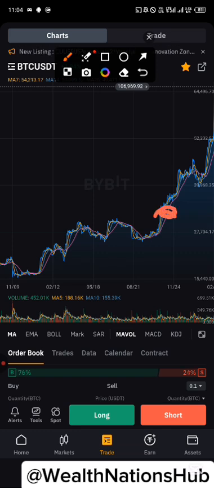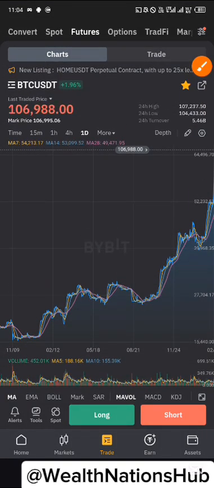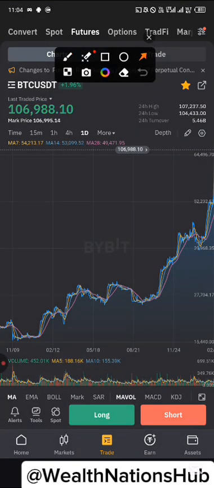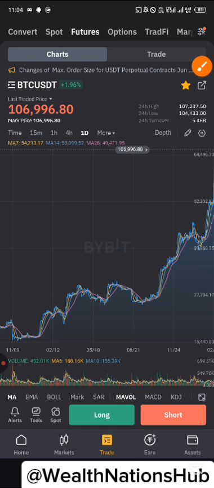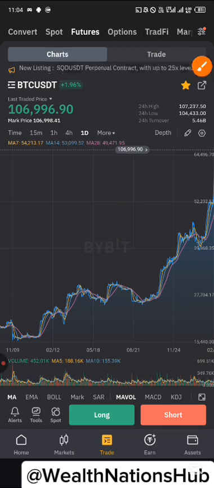If you have been following this trade from the beginning, as I told you before, this is for long-term traders, because we are on a 1 day time frame. If you can see here, we're on a 1 day time frame. So if you are a daily trader, this trade may not be for you. But if you are a weekly or monthly trader, you can use a 1 day time frame for the chart.